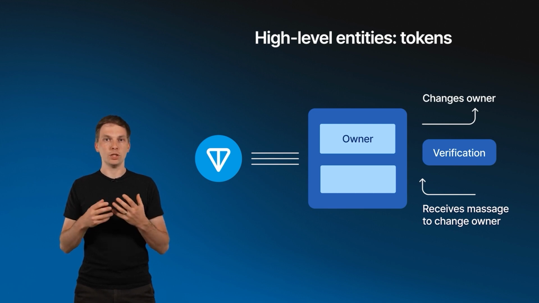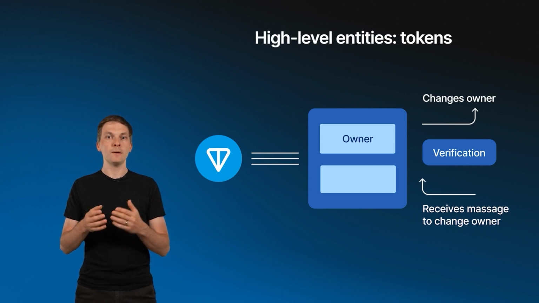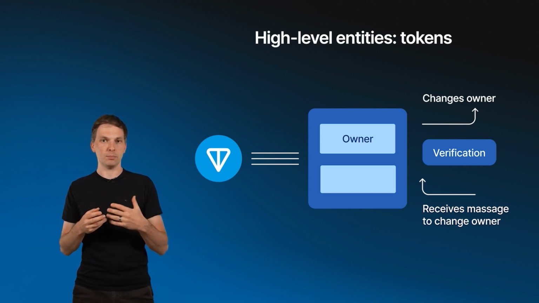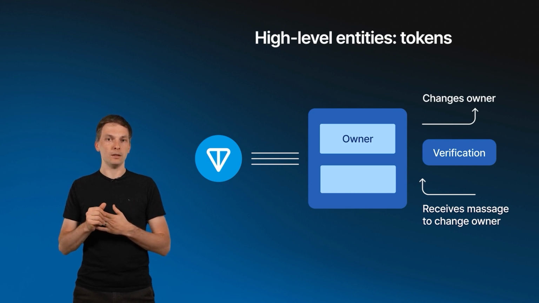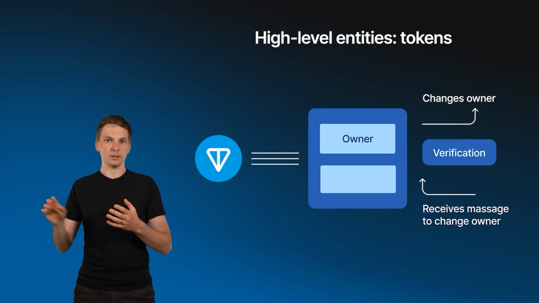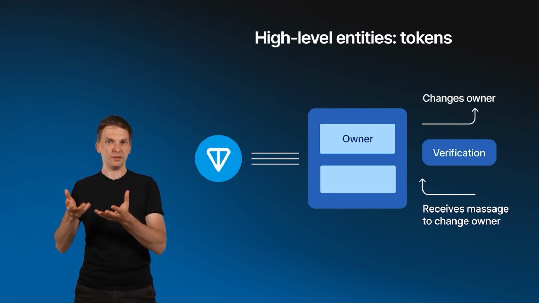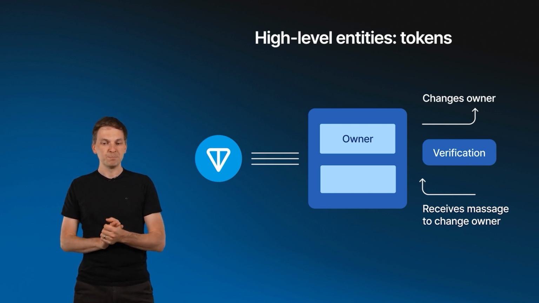So whenever you want to change the ownership of a token, you have to send the message to this token that specifies the new owner. And then the token will check that the message is sent by the appropriate owner, change its owner to a new one, and be done with it. And it may also send some notification message that tells the new owner that they did become a new owner, in fact.